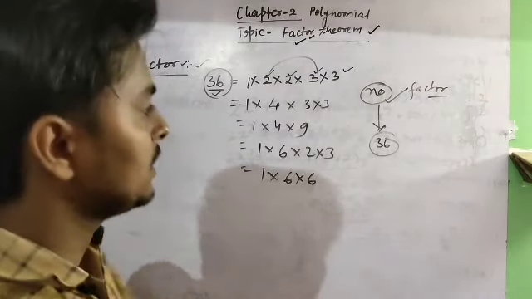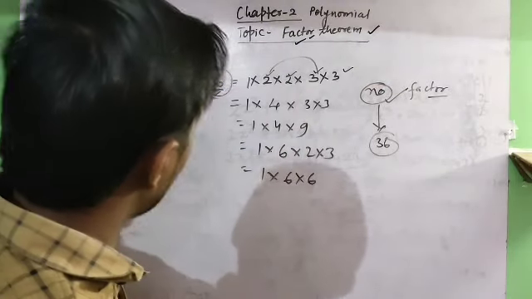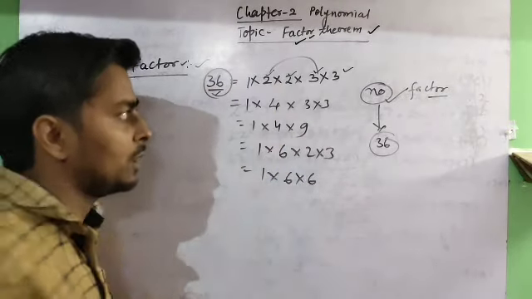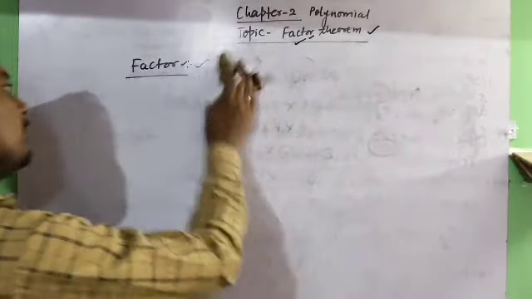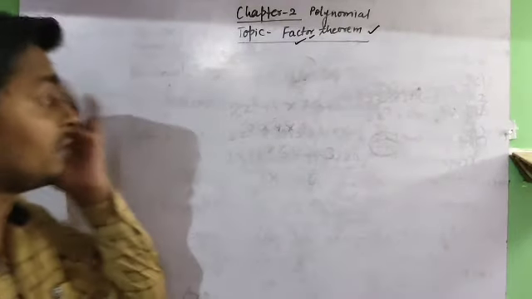For any given number, those numbers which divide the given number are known as factors of the given number. Similarly, in polynomials also, the polynomial which divides the given polynomial is a factor.